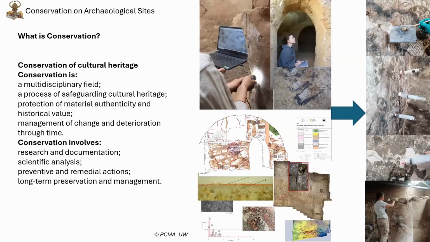It's also important to define what conservation means in heritage practice. Today, conservation is understood as a really multidisciplinary field focused on safeguarding cultural heritage and managing its long-term survival.